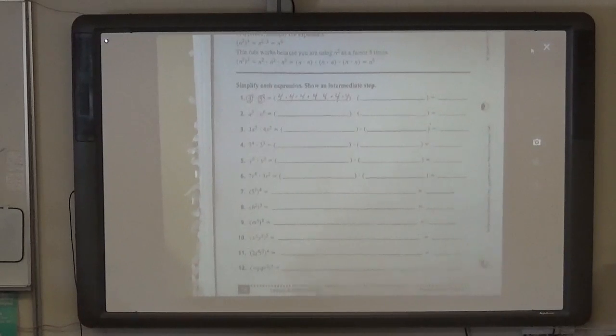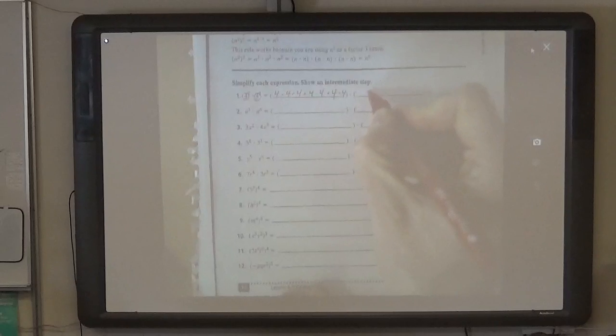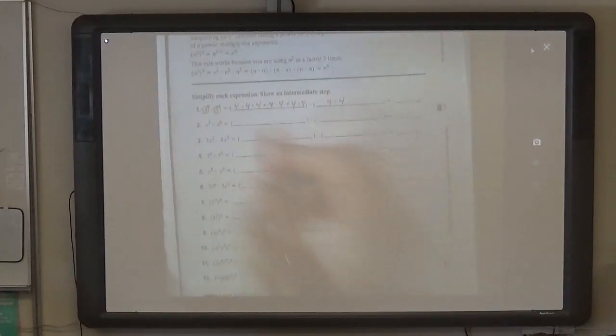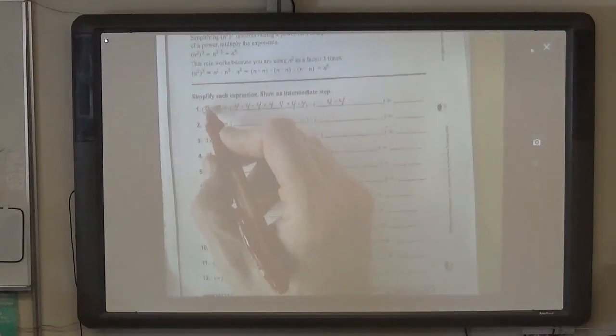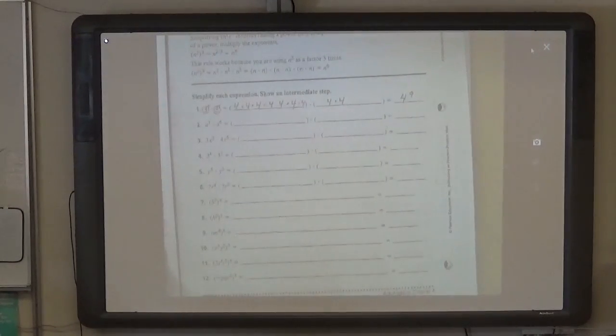So 7 4s times 2 4s. So it's 4 to the 7 plus 2, which is 4 to the 9th power. Okay?